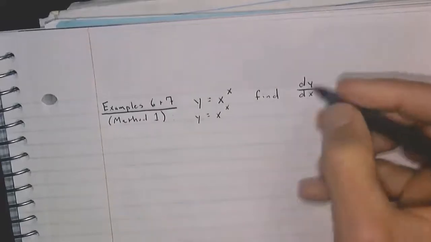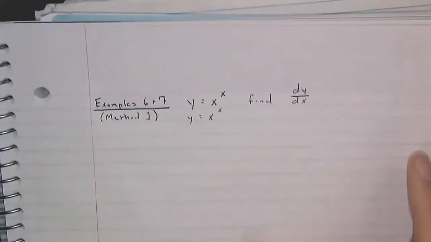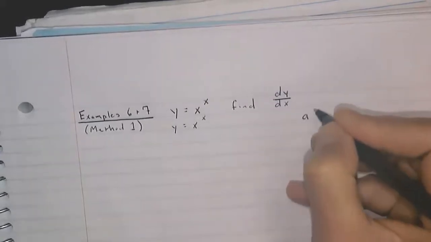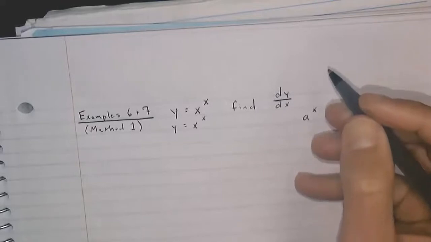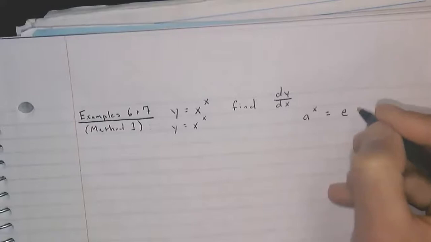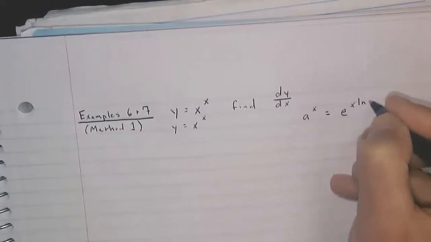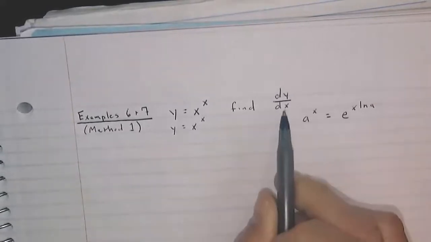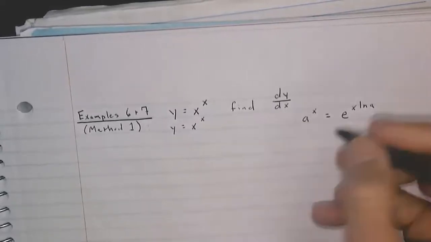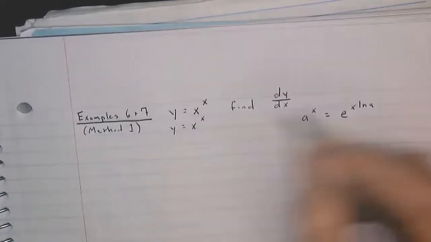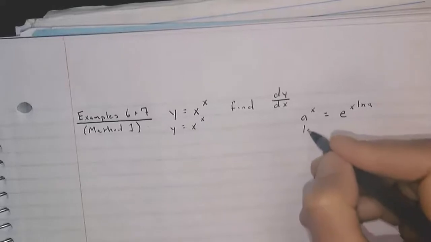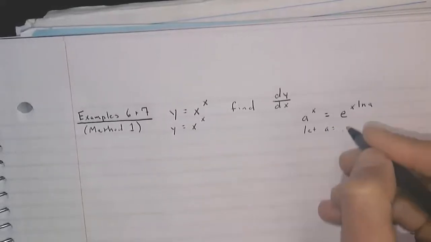Realizing that in our kind of conception of life, we know how to handle a to the x, okay? And we know that a to the x is equal to e to the x times ln of a. That was sort of our trick for arriving at the derivative formula. And so here, in x to the x, it's kind of bizarro, but our a is x.